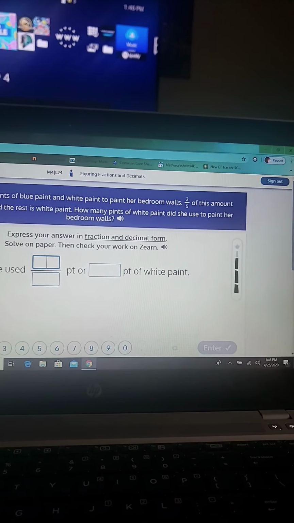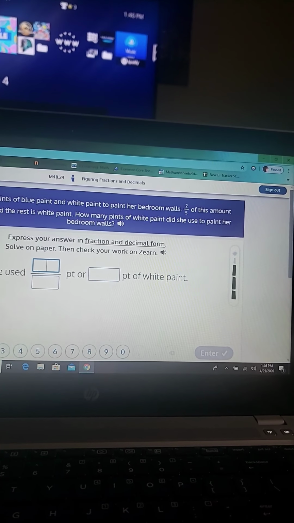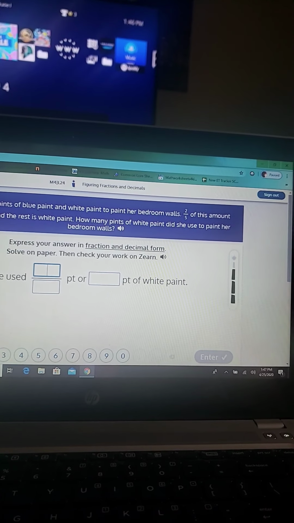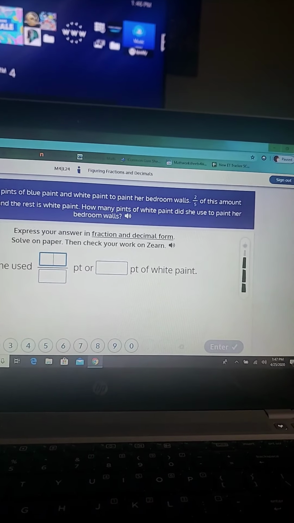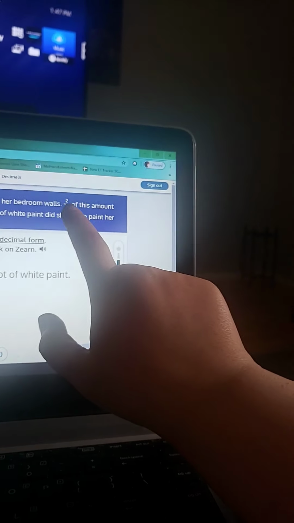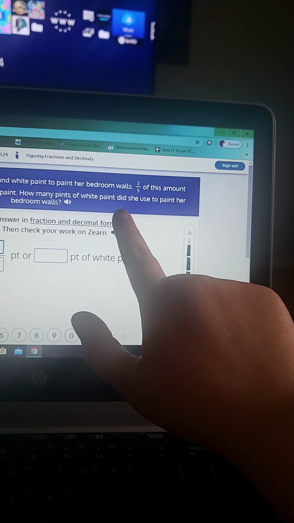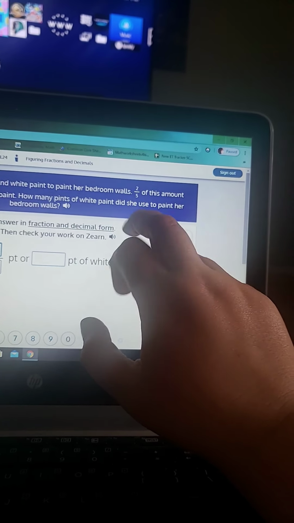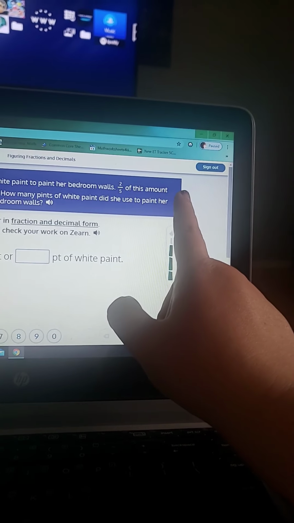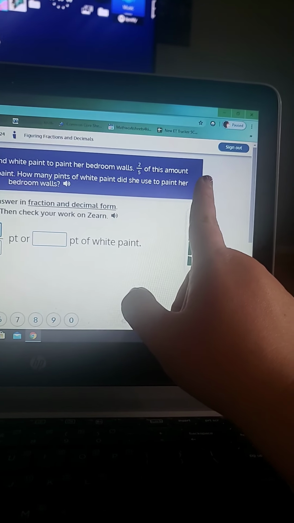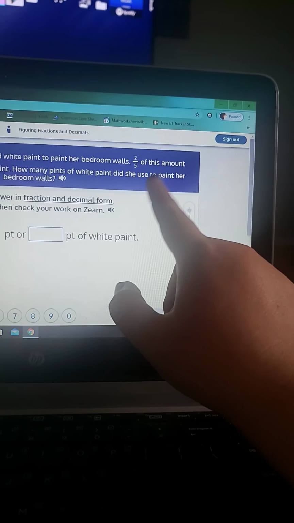So for this problem, your numerator is going to be whatever is left of your fraction to make it 1. So if I have 2/5, how many more fifths do I need to have 5/5? So if I have 2, but I want 5, how many more do I need? Well, I need 3 more. So your fraction is going to change to 3/5 because I have 3 more to get to 5/5.